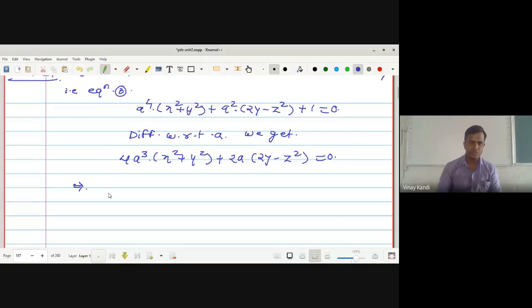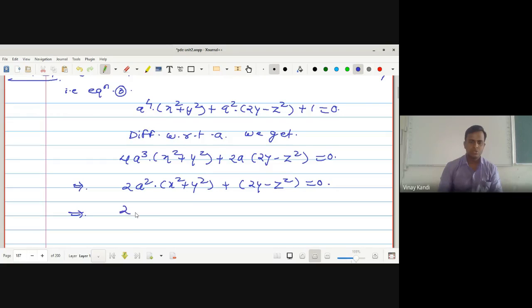Okay, tell me what is the value of a square. Here a will cancel, after taking one common out, the remaining goes to the denominator. What is the value of a square? 2 a square into x square plus y square. Okay, 2 get cancelled, a cancelled, here what remains is 2y minus z square is equal to 0.